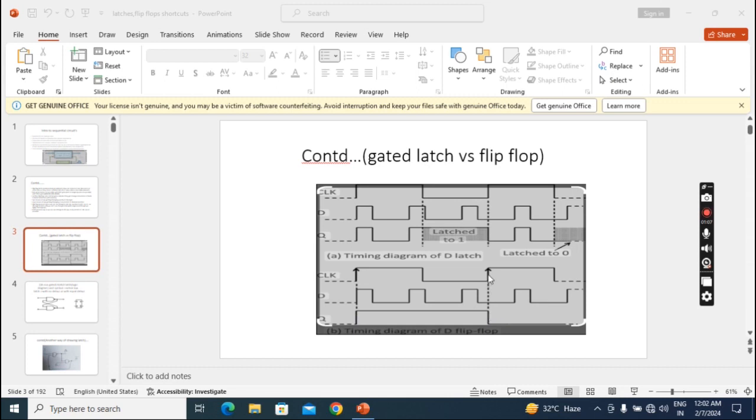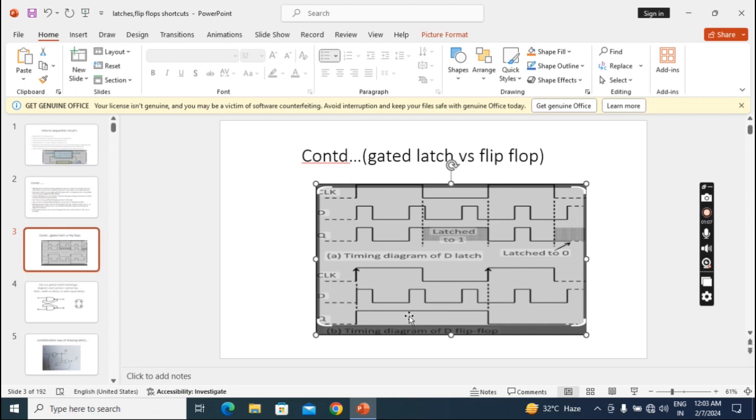Now again here is the second positive edge, here the data input is low, and this same low will continue until the next positive edge. Okay, this is the behavior of a flip-flop. So we take the same clock, same data input, but the output is different for the gated latch and the flip-flop.